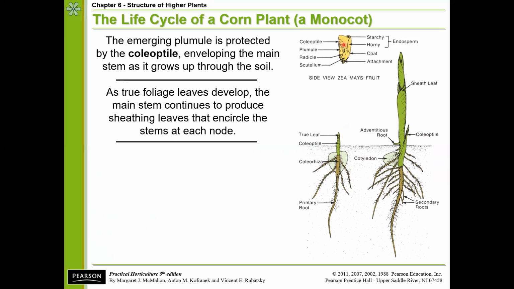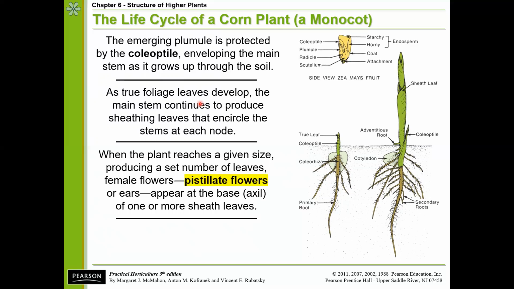And you can see it inside of the seed protecting that plant. And as the first true leaves develop, then that coleoptile eventually will fall off. It doesn't need to feed that embryo anymore because it can make its own sugar through photosynthesis.